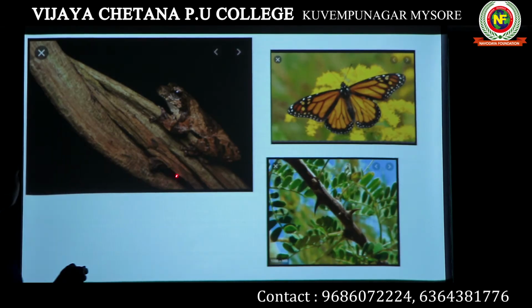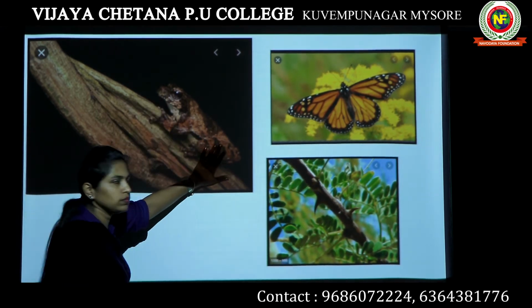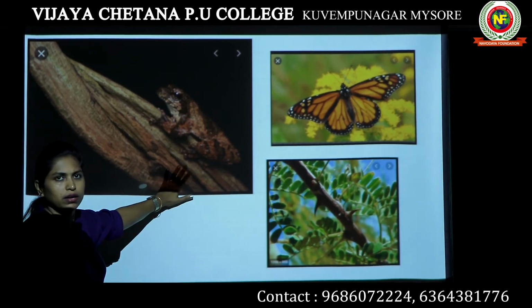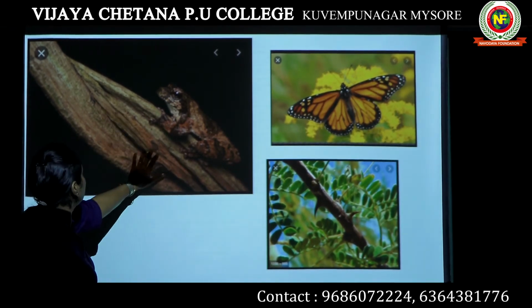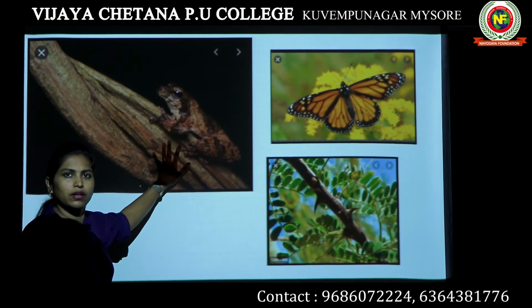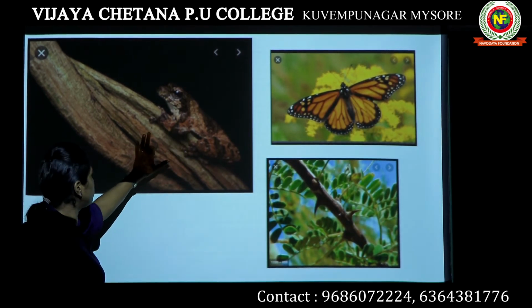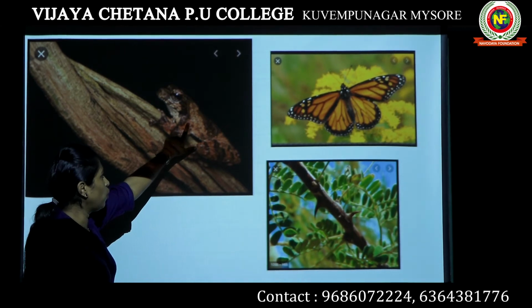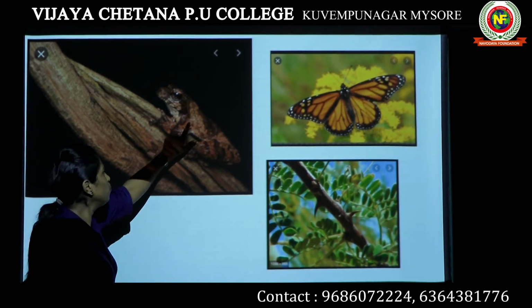I'll show you the picture. If you see here, this is a frog living on a tree bark. This is a tree on which the frog is living. If you look at the color of the tree bark and the skin color of the frog, both are similar.